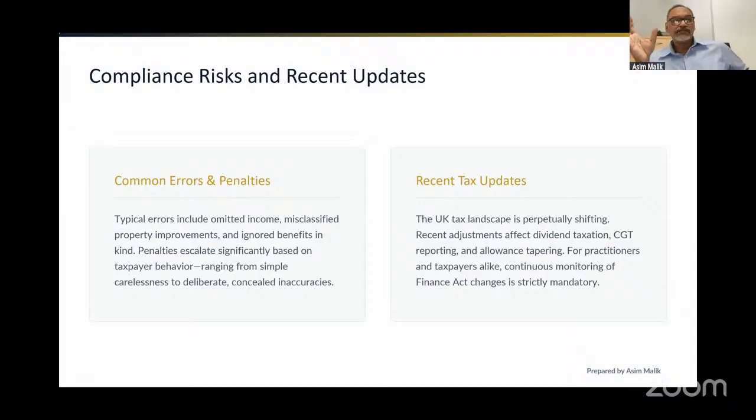For example, a client gives you rental income receipts for all the expenses. So you need to look into whether those receipts are actually of revenue nature or of capital nature. And that goes on to your judgment as a tax advisor.